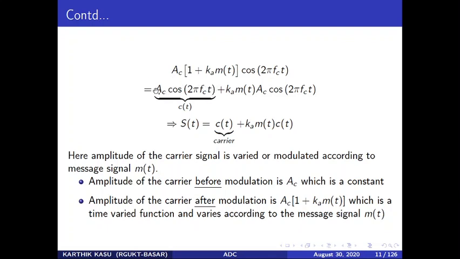I have mentioned that just now. Now, finally s of t equals c of t plus Ka m of t c of t. Now remember, this is very important. What is s of t equal to? c of t, meaning carrier, plus Ka, some constant that is called the amplitude sensitivity. m of t is what? Our message signal. What is c of t?